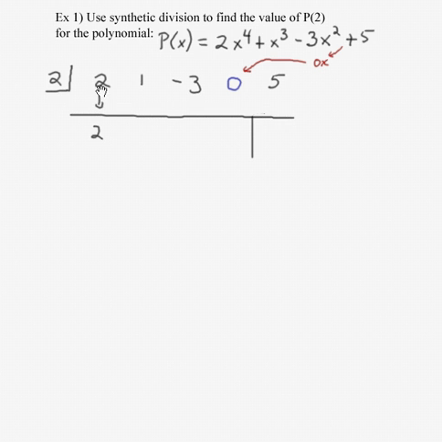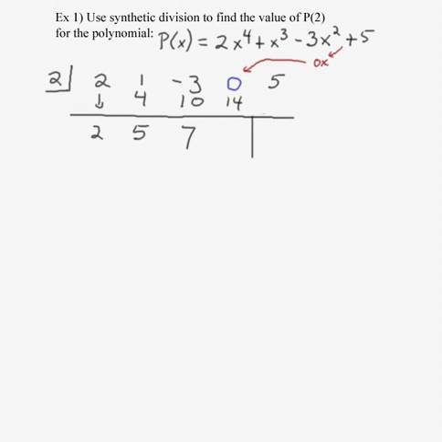Alright, then it's synthetic division: bring down the leading coefficient, and from there it's just multiply the number you just brought below the line times 2 in this case, put it in the next column and add, and then repeat that process till we're done. So 1 plus 4 is 5, 5 times 2 is 10, negative 3 plus 10 is 7, 7 times 2 is 14.